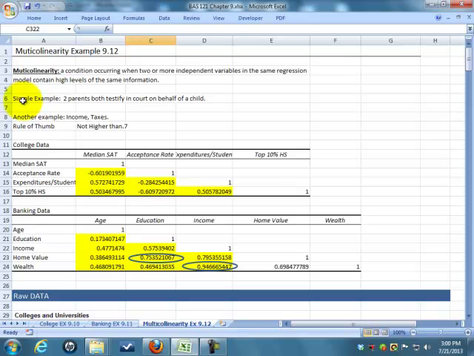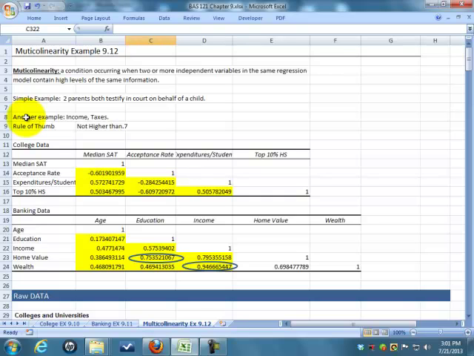It might be very different than the collinearity between two parents testifying. Or another example might be if I have one data point that's a person's income, and another one that's the amount of taxes they paid. In most cases, all being equal, those would be very collinear, because for most of us, unless you have lots of deductions, as your income goes up, your taxes are going to go up. So it's really driving the same thing.